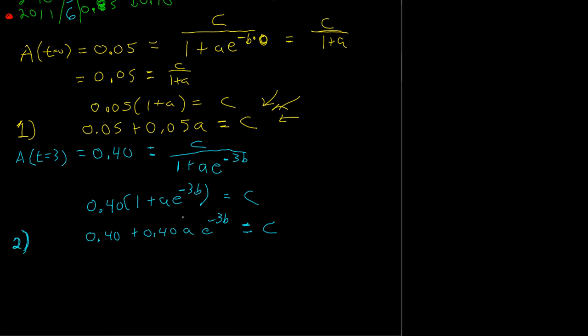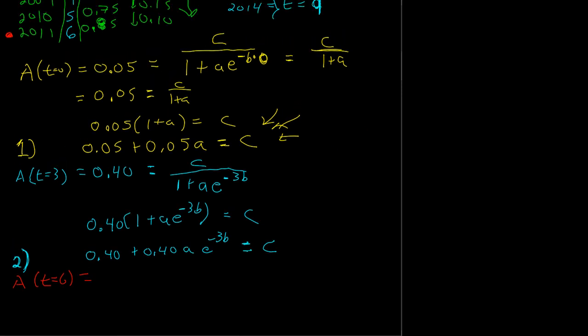All right, and for equation 3, I'm going to use my time equals 6. So remember, I have three variables I don't know. I need three different equations. I've got data. I'm putting my data into my model, and I'm getting three separate equations that I'm going to unify slowly. So A at t equals 6. Let me scroll up a bit.